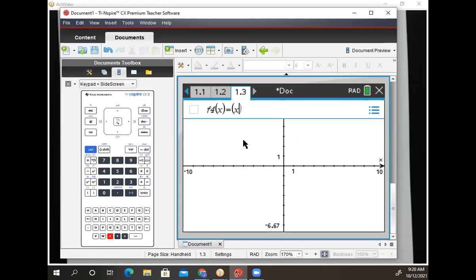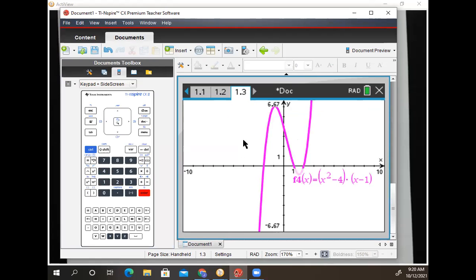And we are graphing x squared minus 4 times x minus 1. Okay. What are my x-intercepts here? They're all at nice places. -2, 1, and 2. Okay.